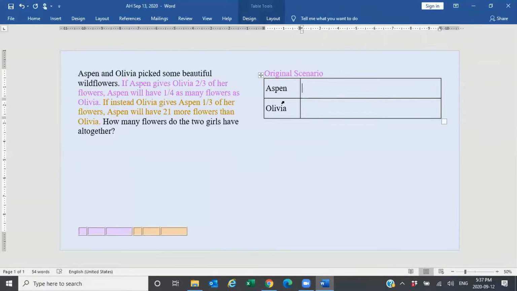And now I will give them the parts. Since if Aspen gives Olivia 1/3 of her flowers, Aspen will have 1/4 as many flowers as Olivia. All right, so we actually need to give Aspen some thirds to give away to Olivia, if that makes any sense.